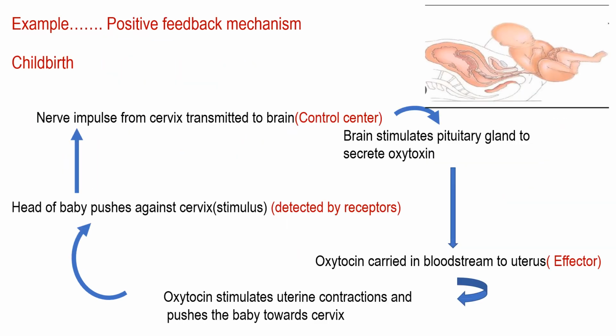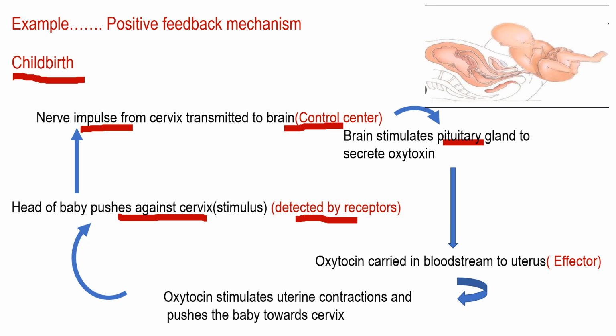The next example of positive feedback mechanism is childbirth. At the end of pregnancy, when the head of the baby pushes against the cervix, this response is detected by receptors, and receptors send nerve impulses from the cervix to the brain, that is the control center. In response, the brain stimulates the pituitary gland to secrete a hormone, that is oxytocin.